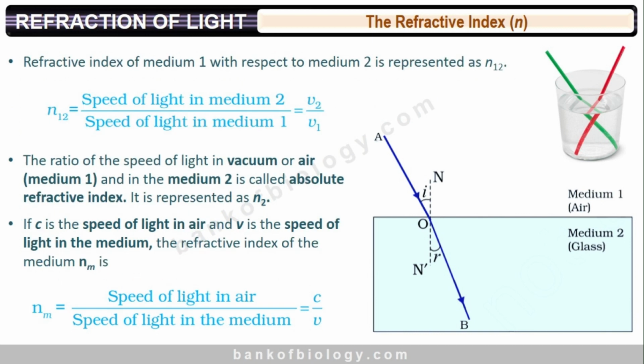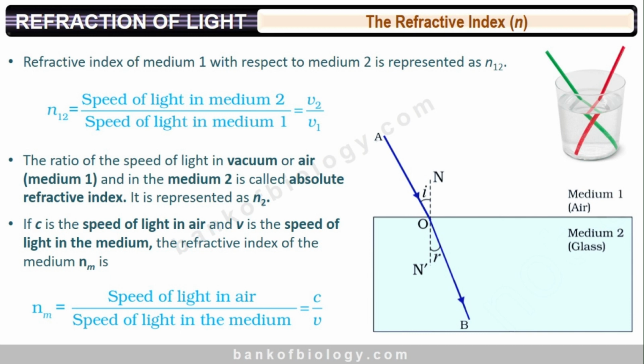The refractive index of medium 1 with respect to medium 2 is represented as n12, the speed of light in medium 2 by the speed of light in medium 1, equal to v2 by v1. The ratio of the speed of light in vacuum or air to that in a medium is called the absolute refractive index.